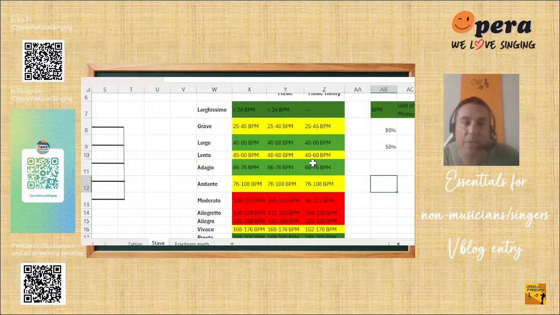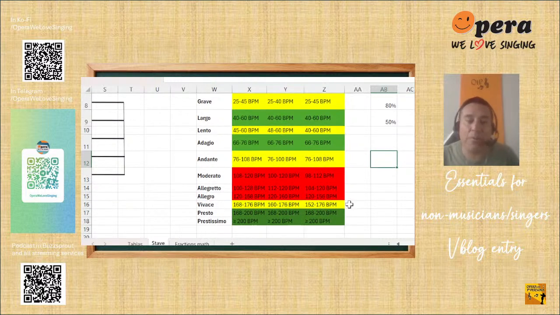So don't get desperate, but this unit of measure, BPM, these are the common standards, and we painted in green the one at which the three sources match, the one in yellow when there is a difference either in the minor or the upper limit, and red when they are completely different.